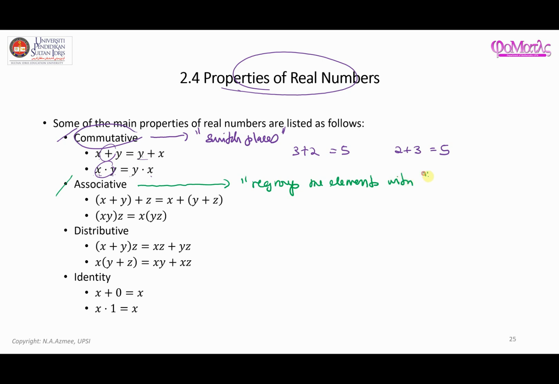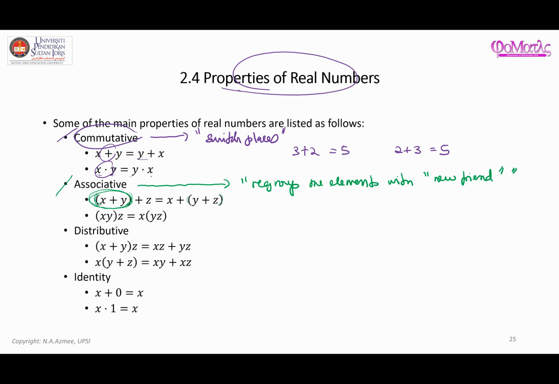This is how you can think of the process of associative. For example here, this is the first group of x plus y. We have the bracket over here and plus z. z is another real number. Now you can change the group. You can regroup that to y plus z, and the result is still going to be the same.